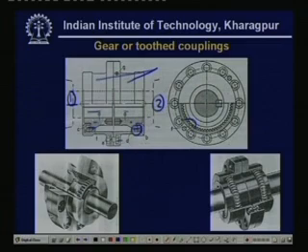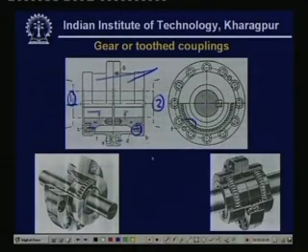This is one way it can take care of angular misalignment, or sometimes also parallel offset misalignment. When there is axial movement, it is very easy to see that one gear tooth can slide over the other tooth very easily, because there is lubrication there. So it can take some amount of axial movement. Therefore this is very much useful.